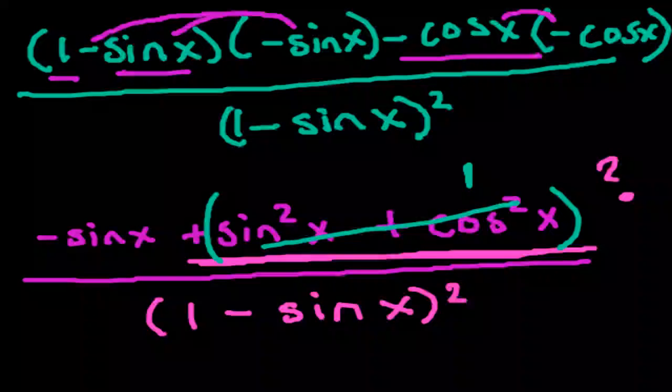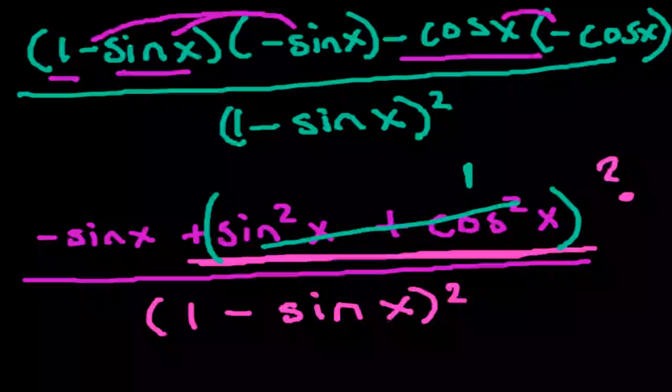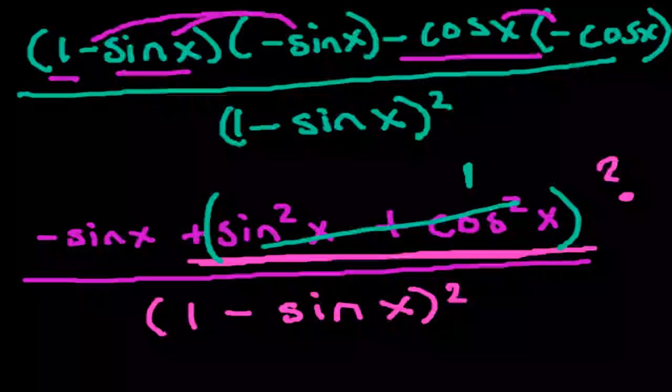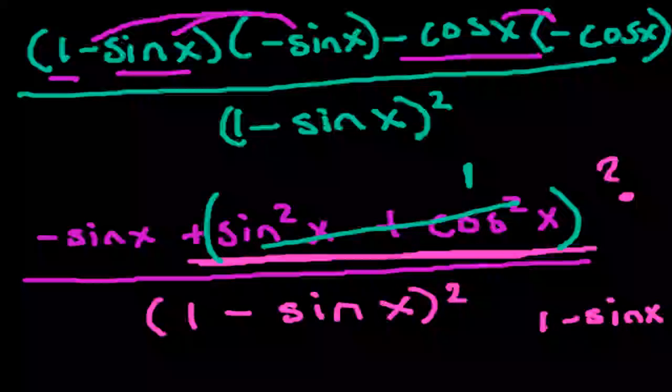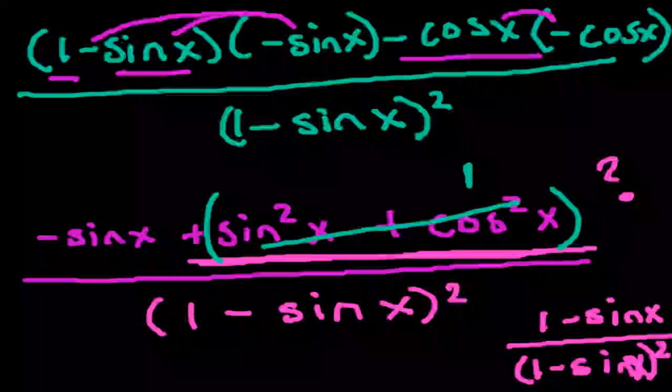We can just turn this whole expression, sine squared of x plus cosine squared of x, into 1. And what we get as our numerator is negative sine of x plus 1, which is really just 1 minus sine of x, right? Negative sine of x plus 1 is the same as 1 minus sine of x, all over 1 minus sine of x, squared.